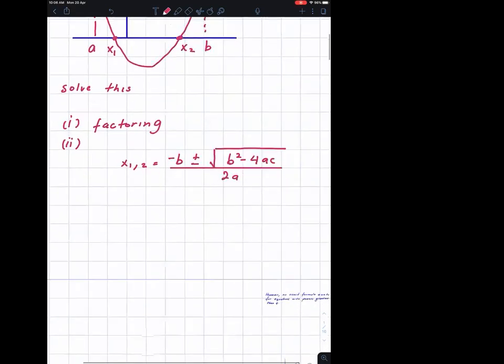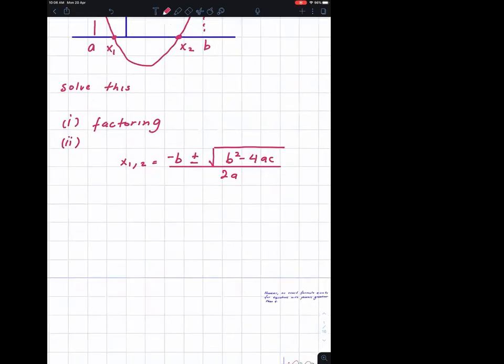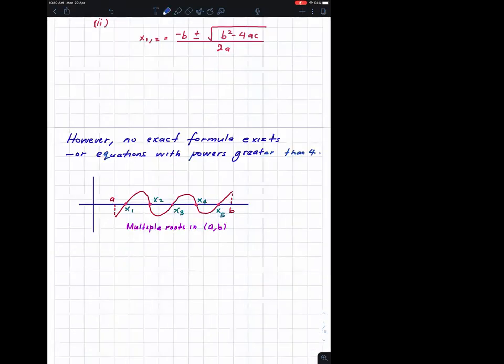So there's a general solution that exists. You can solve this easily. So we're going to show you how to use the bisection method to solve a problem like this.